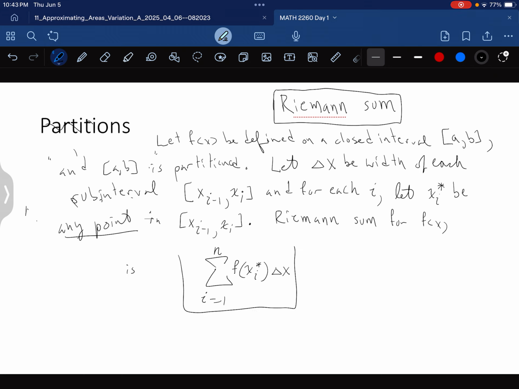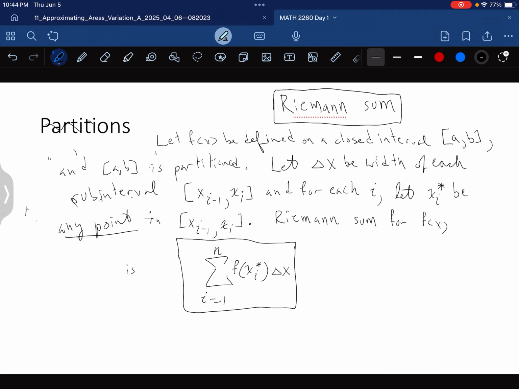So that is a Riemann sum. Basically it's a generalization of the left or right endpoint formulas that we were already working with, and we form this sum by choosing any value within each little subinterval to plug into the function.